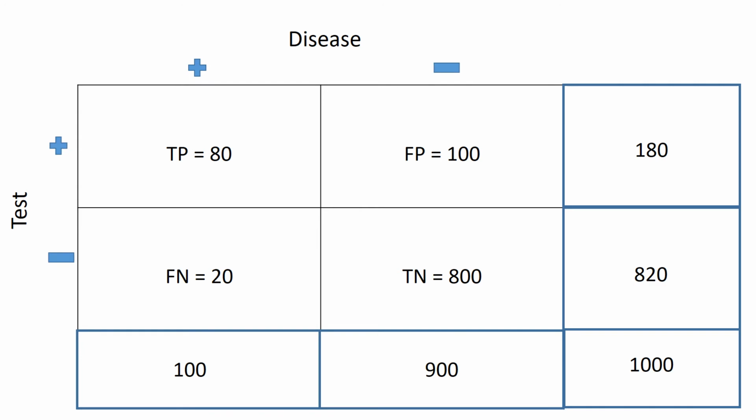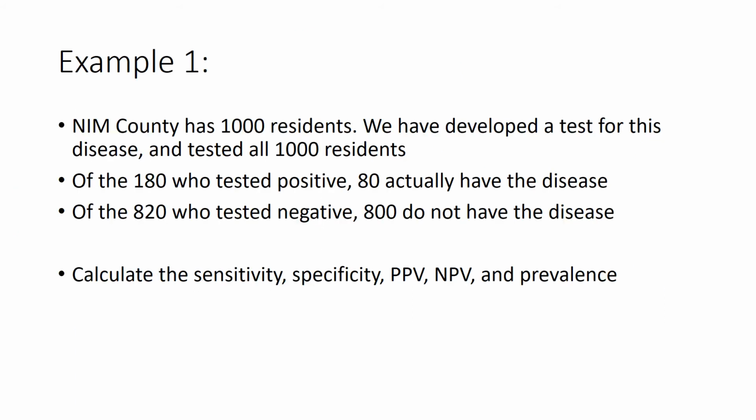We know that true positive plus false negative makes up that bottom column number. So the number who have the disease is 100. And then the number who do not have the disease is 900. Note how all the columns add up to the bottom row. So 80 plus 20 is 100, 100 plus 800 is 900, 180 plus 820 is 1,000, the 1,000 residents we have in NIM County.